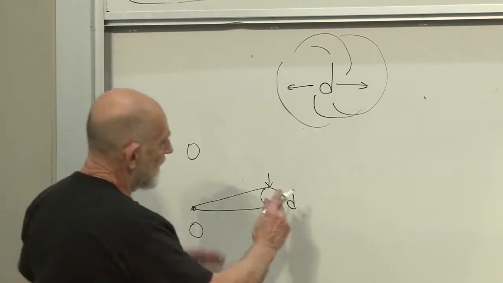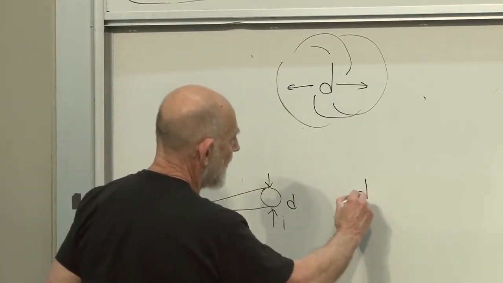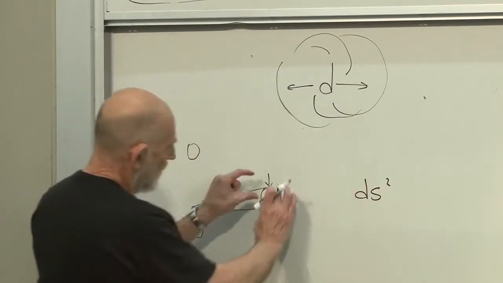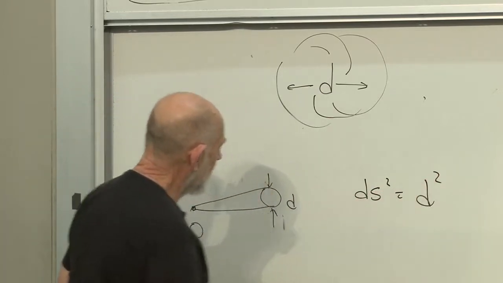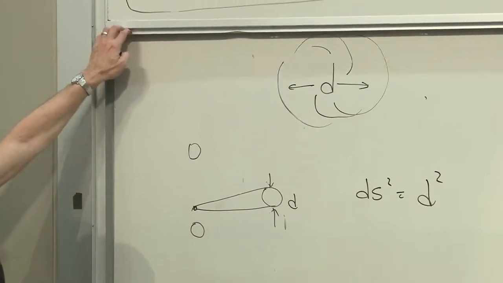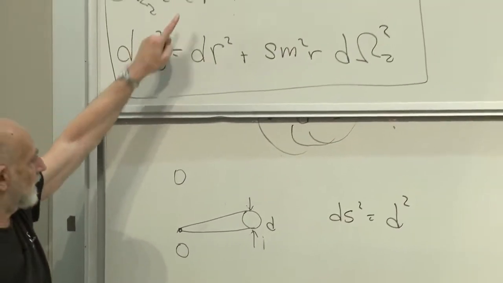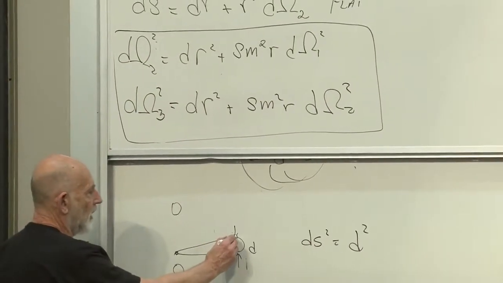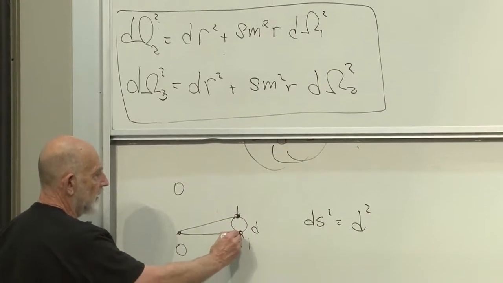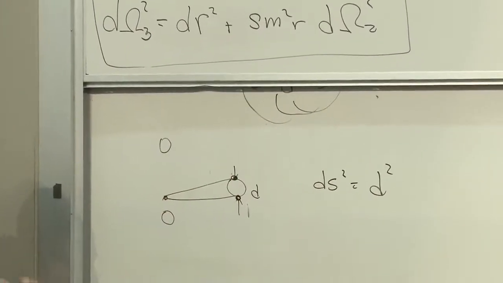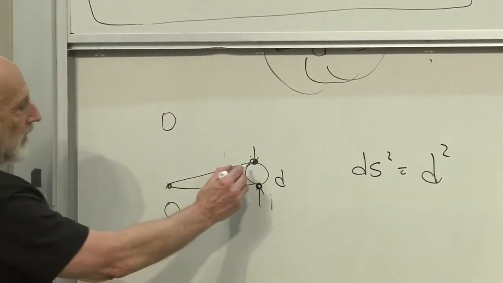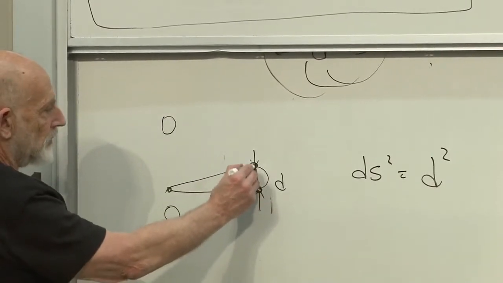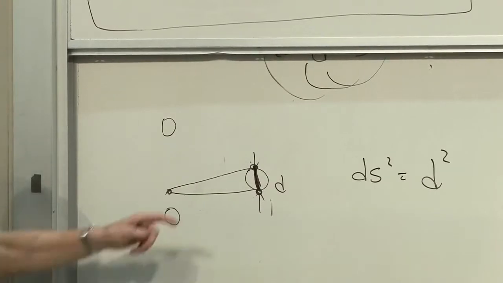So that means that ds squared from here to here is just d squared. On the other hand, it's equal to dr squared. Well, I don't care about r. I'm just looking between here and here. Those two points are at the same radial distance. So if I look at this little line across here, dr is 0.